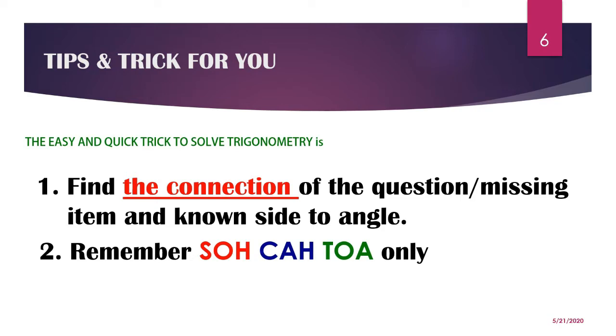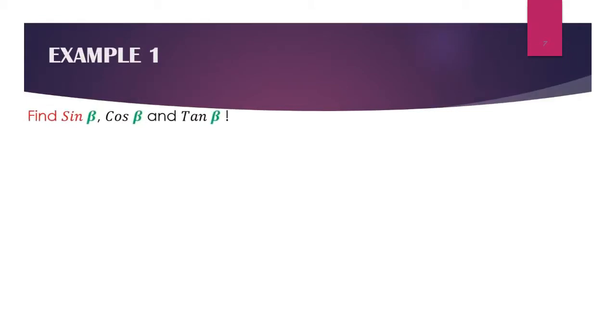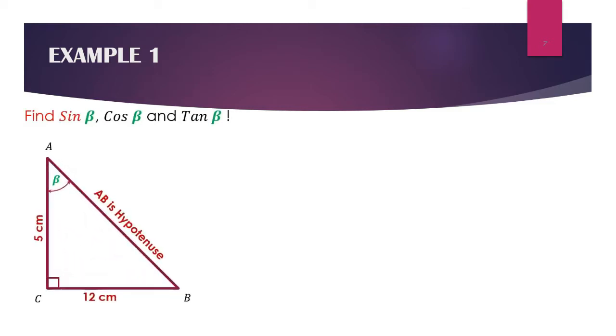Okay, students, we go to example 1. Find sine beta, cosine beta, and tangent beta. Look at the right angle triangle below. Base is 12 and height is 5. With respect to angle beta, BC is opposite side and AC is adjacent side.